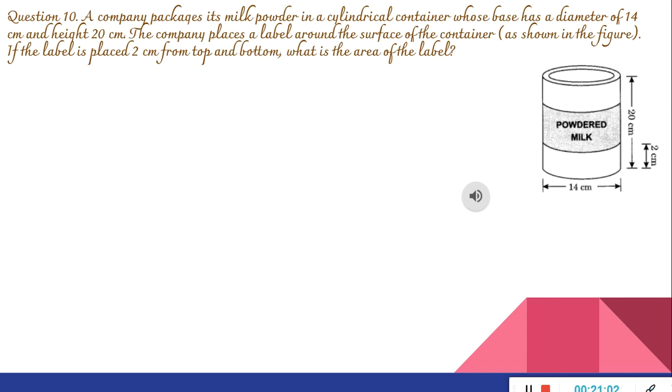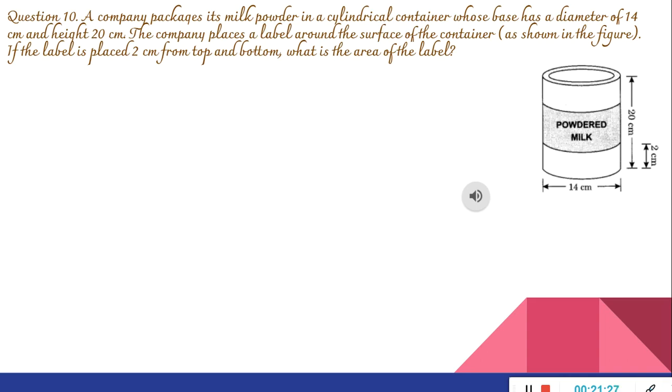If the label is placed 2 centimeter from top and bottom, what is the area of the label? So in this question, we have to find the area of the label itself, right? The measurements are given of the container, that is base 14 centimeter and height is 20 centimeter. But the label is pasted in between the container, that is upside and downside 2 centimeter is left out there.